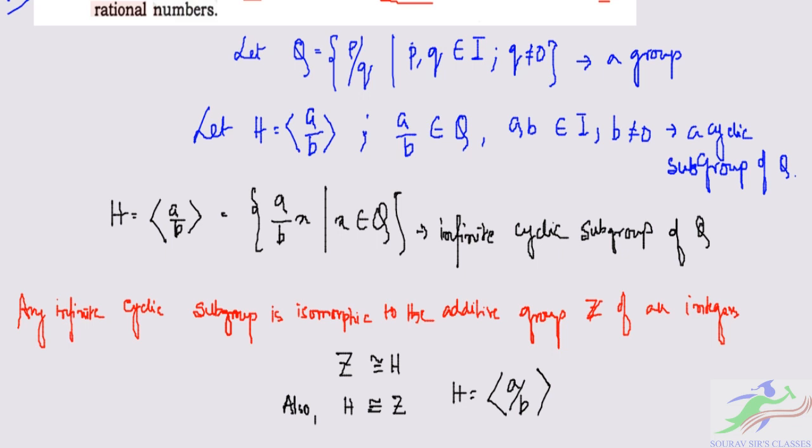Z has infinitely many subgroups. Since Z has infinitely many subgroups, H will also have infinitely many subgroups.